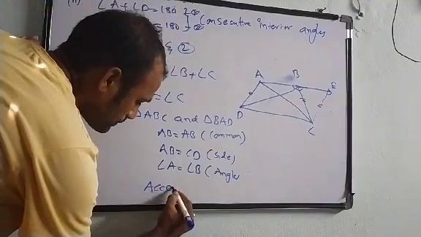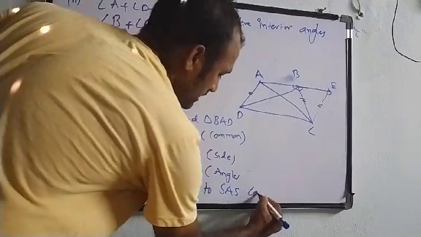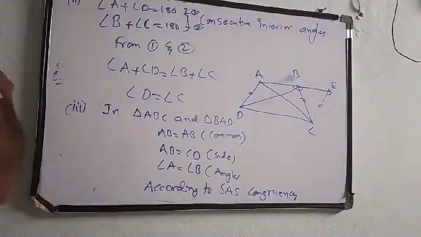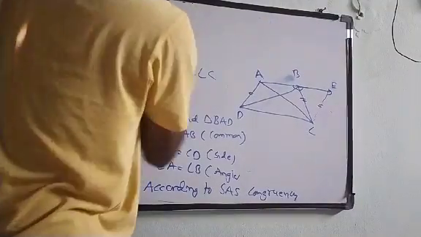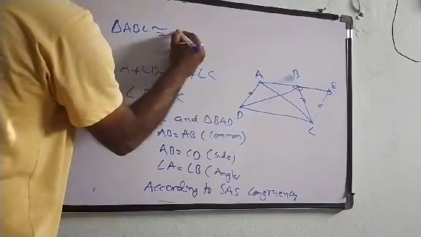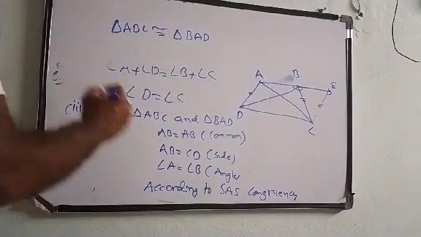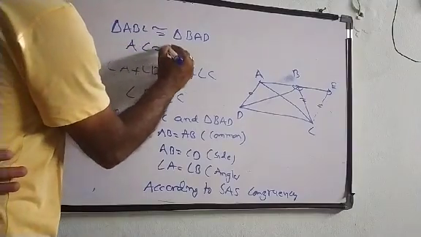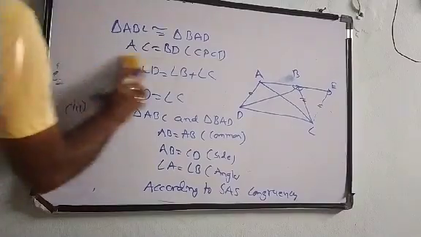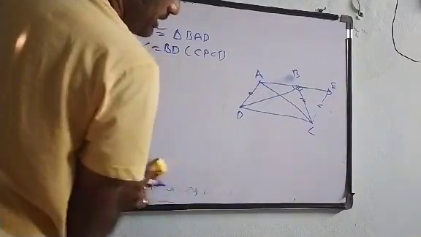According to side angle side congruency criteria, triangle ABC is congruent to triangle BAD. If these two triangles are congruent, according to CPCT, we can say that AC is equal to BD.